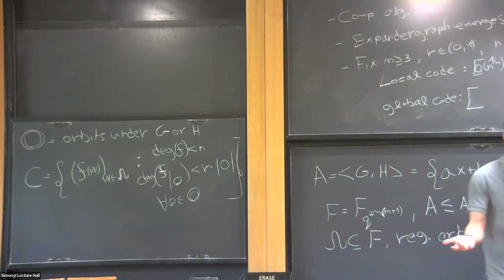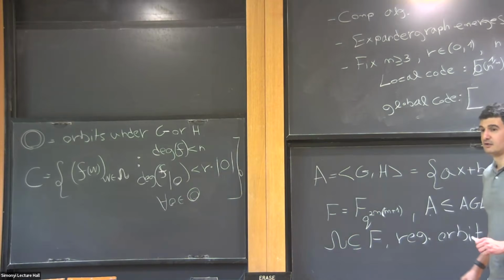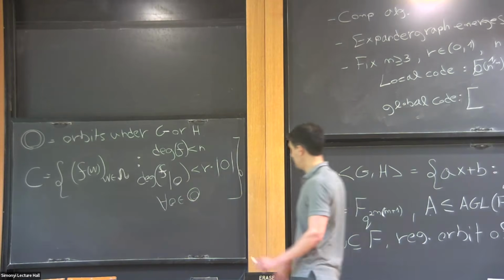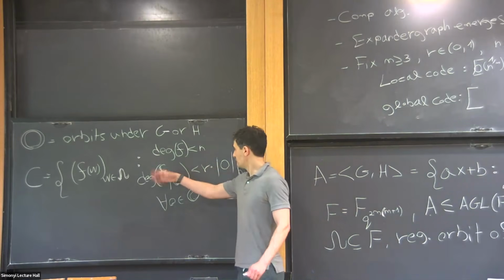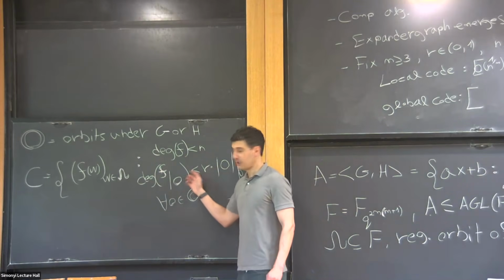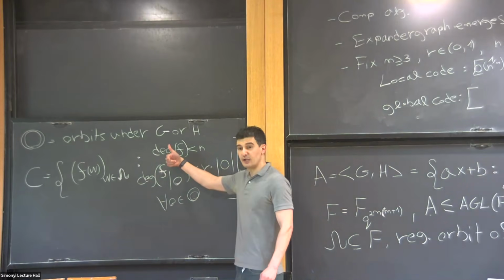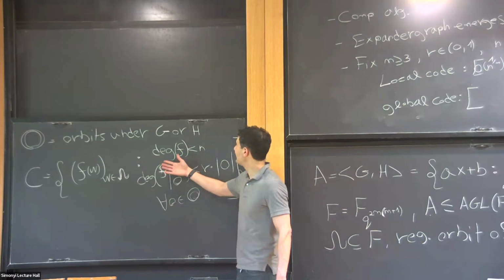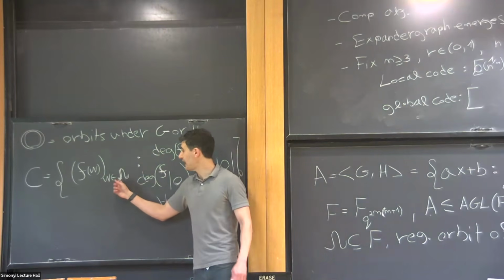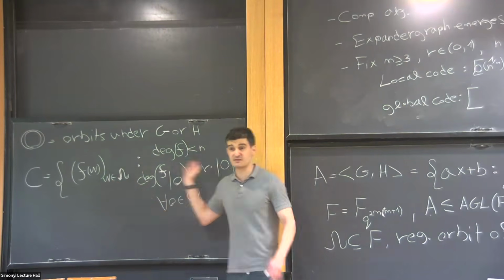Now what we need to do is analyze the parameters of this. How necessary is the requirement that the degree is less than n? Because otherwise, if you take a polynomial that satisfies this constraint and add to it the annihilator of the entire set, you get another polynomial that satisfies this.